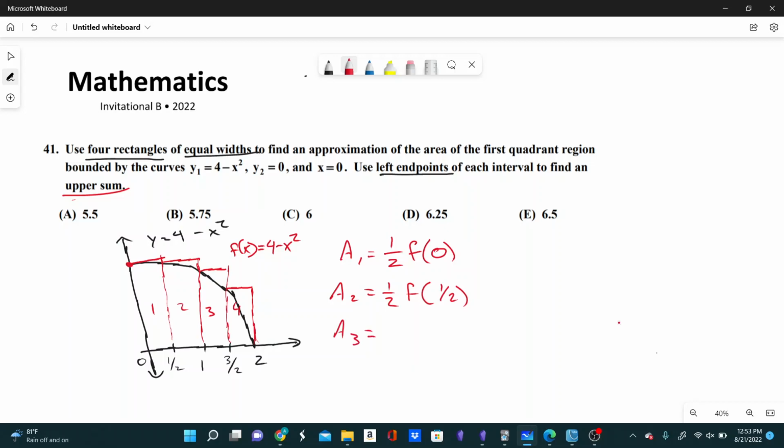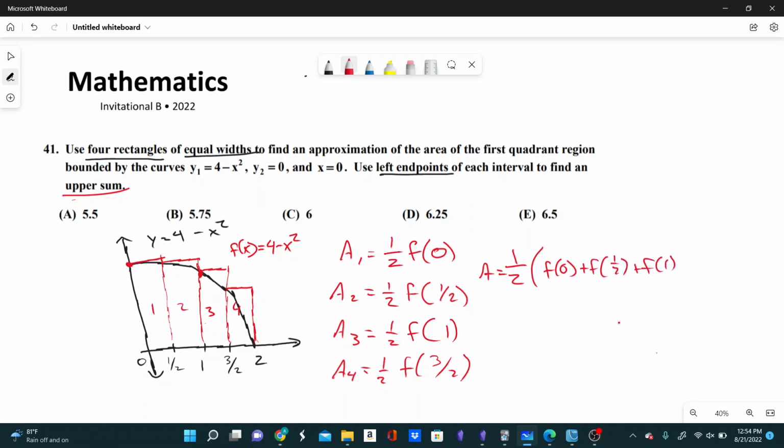The third one will be 1/2 times the height at 1. And then the fourth will be 1/2 times the height at 3/2. Then if we add all these together, we should get the full area. If I factor out the 1/2, the total area will be 1/2 times f of 0 plus f of 1/2 plus f of 1 plus f of 3/2.